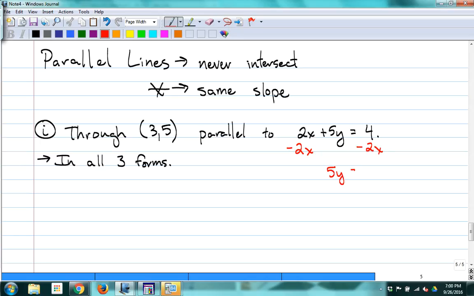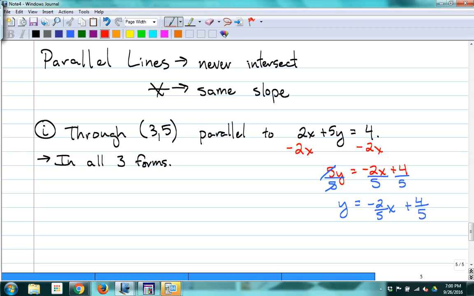That's 5y equals negative 2x plus 4. And then what? Divide by 5. Everybody divided by 5. Negative 2/5 x plus 4/5. What part of that matters?